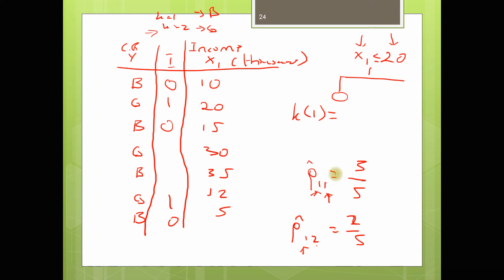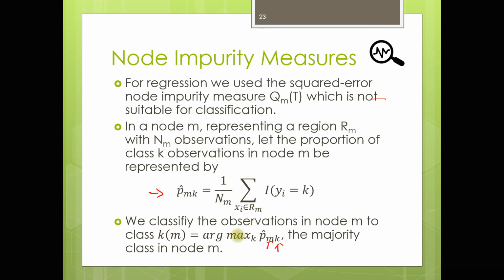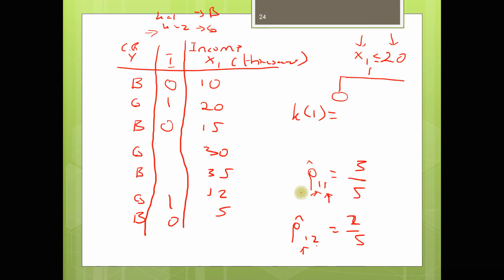So what is the proportion that maximizes, what is the highest proportion rather, right? This is like saying what is the highest proportion, which is the maximum one with respect to k. So the maximum proportion that you have between these two sets of values for that particular region 1 is obviously 3 out of 5. So if it is 3 out of 5, what is the k that is used to maximize this p cap mk?